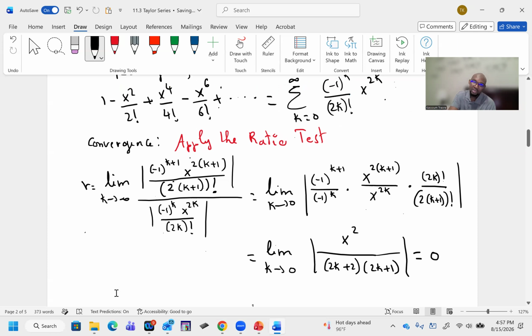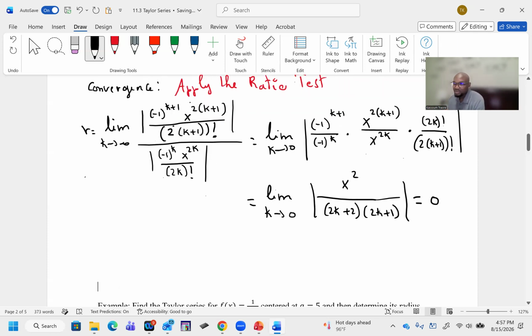Okay? And what does that mean? This means the series converges, right? Because of what? In this case, r is equal to 0. So r is equal to 0, which is less than 1 for all x.